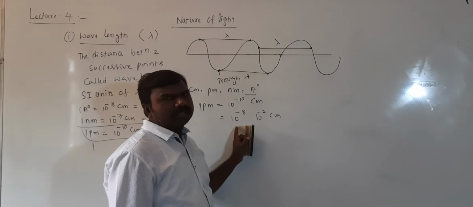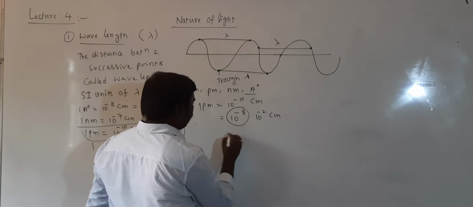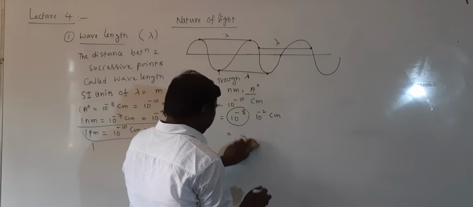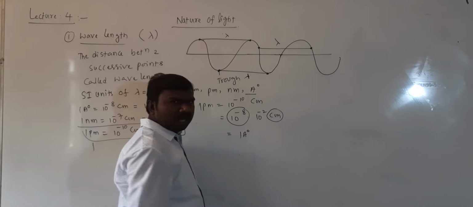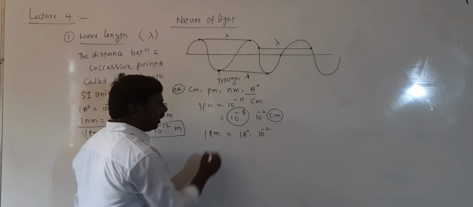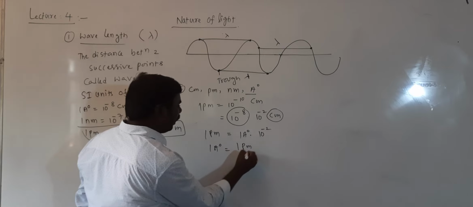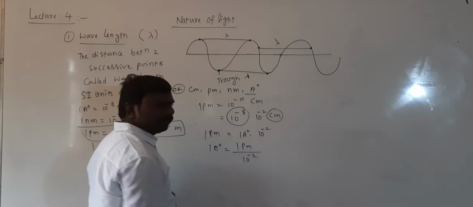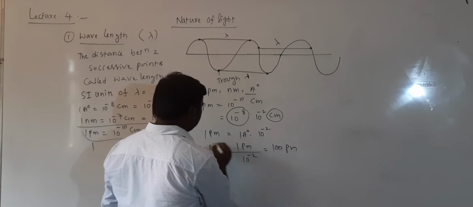Minus 10 will be taken as minus 8 into minus 2. 10 to the power of minus 8 centimeters equals 1 angstrom, so 1 angstrom into 10 to the power of minus 2 equals 1 picometer. 1 angstrom unit equals 100 picometers.